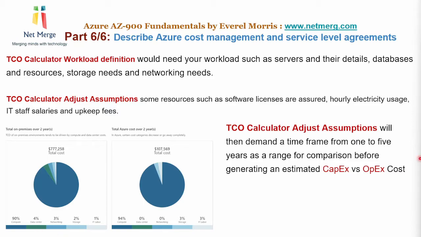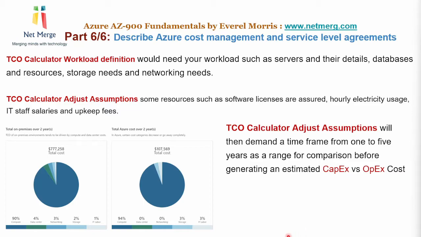And what this is saying, based on the assessment from the TCO, is that over a 2 year period where your capex cost is 700,000, you should see savings where your actual operational cost within the cloud would be around 107,000.